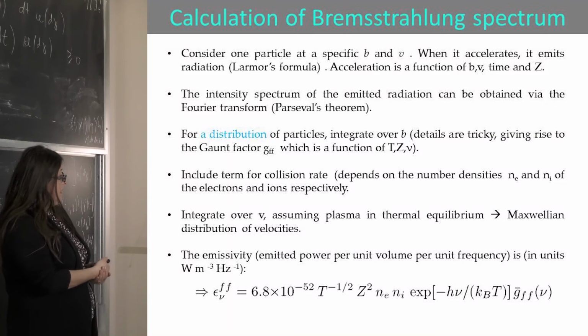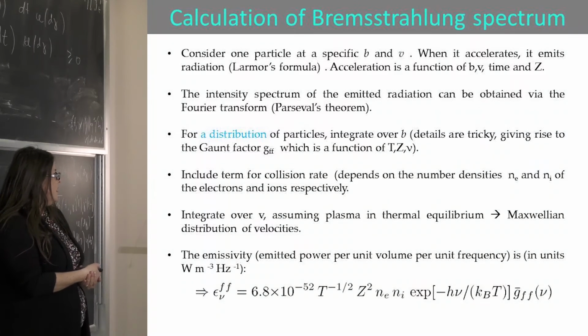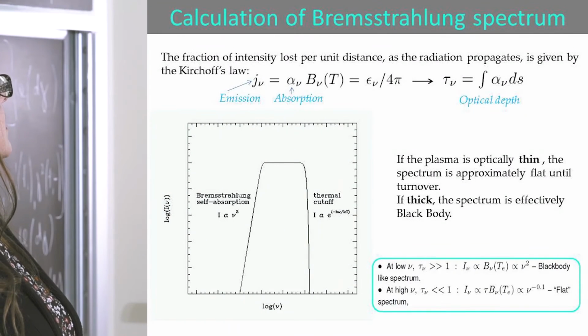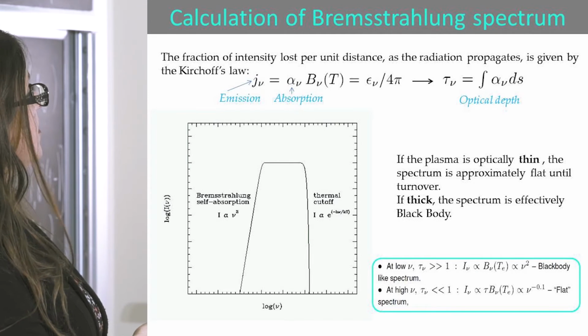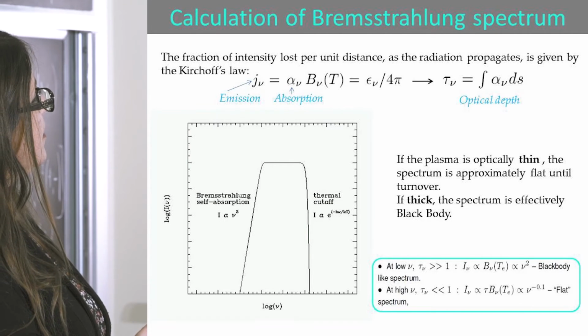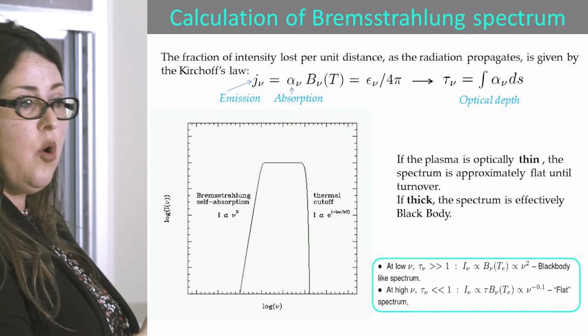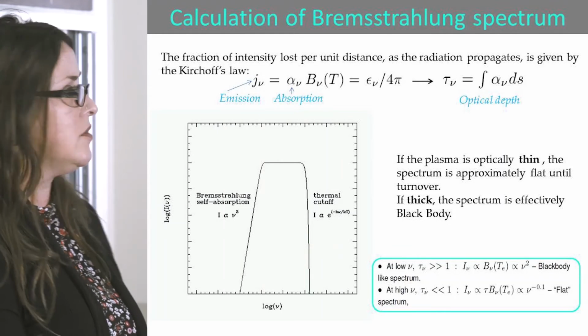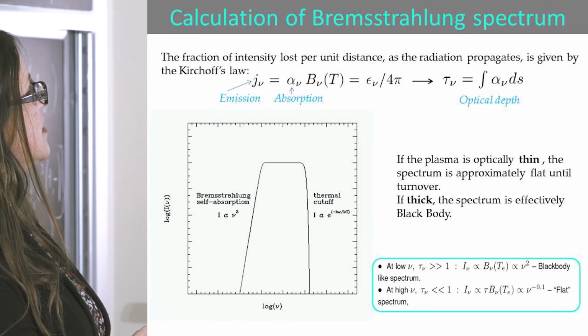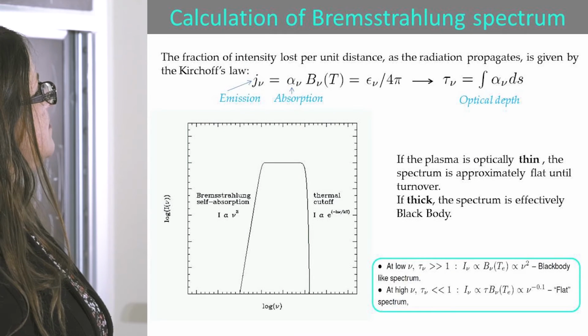Okay, here you see the expression of the emissivity in watt per cubic meter per hertz. And you see that it depends on all the parameters, which is the typical shape of the Bremsstrahlung spectrum. Here you have a flat region, which is almost flat actually, because the presence of the Gaunt factor is inducing here a very small steepening.